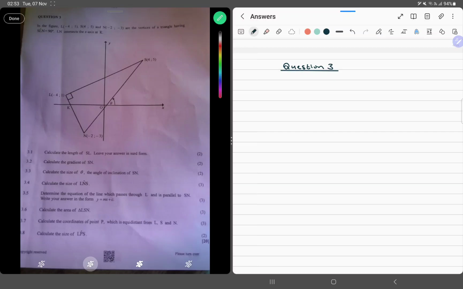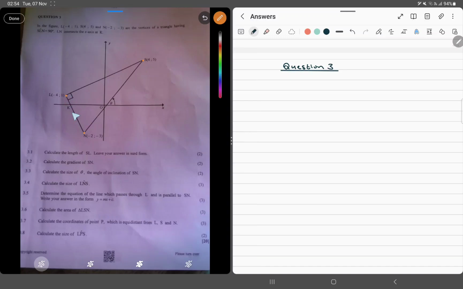In the figure, L has coordinates (-4; 1), S has coordinates (4; 5), a point in the first quadrant, and N (-2; -3), which is the point in the third quadrant, are vertices of a triangle having angle SLN equal to 90 degrees, and we can see that it's drawn. LN intersects the x-axis at K. That is quite obvious. Now what can we do here?